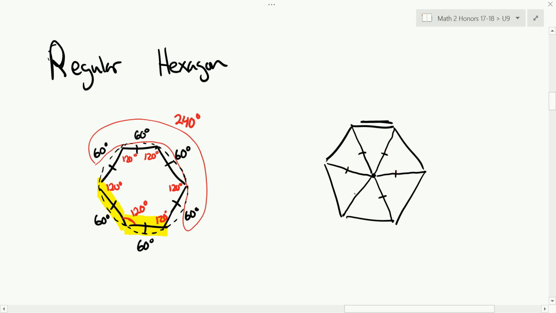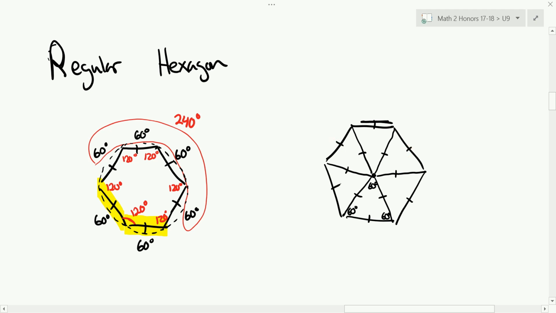We're going from the center of a regular polygon. We end up with 6 congruent triangles, and it splits that angle in half. This becomes 60 degrees, and it's isosceles, so this is 60 degrees, and then this has got to be 60 degrees. So we actually end up with equilateral triangles.